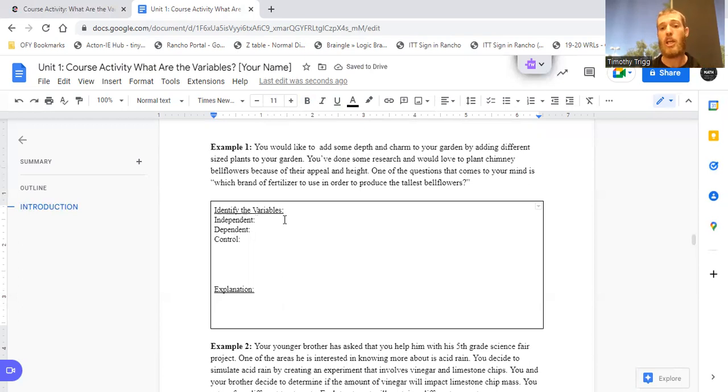So in this case, I'm changing the brand of fertilizer that I'm using, right? So I have some flowers, some of them with this brand of fertilizer, and then some of them with a different brand of fertilizer. And this is something I'm changing. That's your independent variable. Brand of fertilizer.